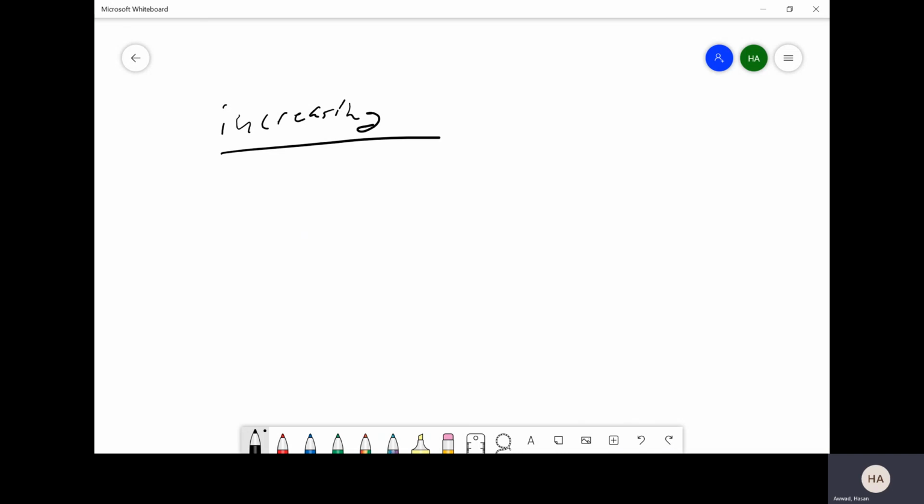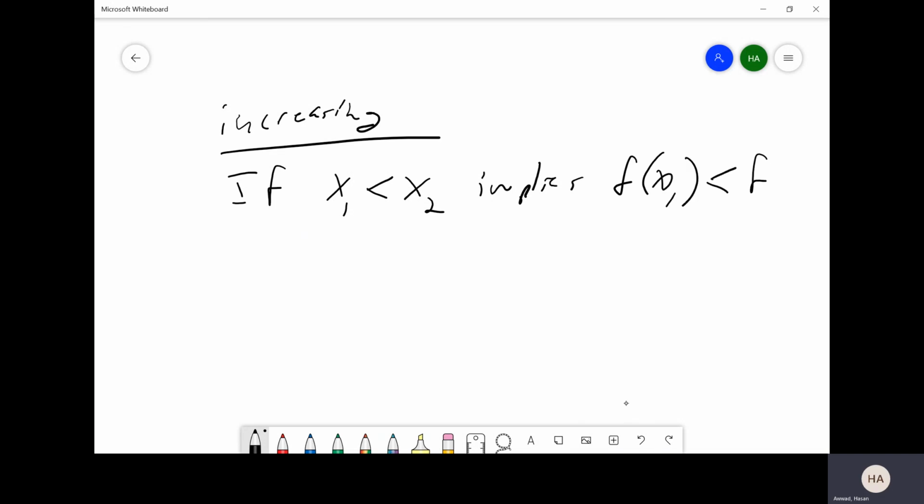Okay, so the definition of an increasing function is as follows. If you have x1 being less than x2, implying that your function at x1 is also less than your function at x2, then f, your function, is increasing, which I'm going to just abbreviate as INC, over some interval.